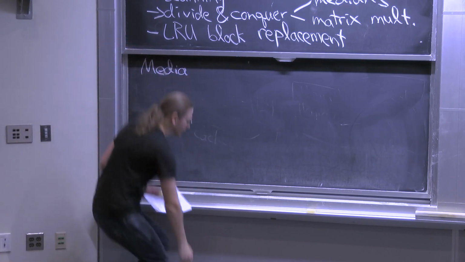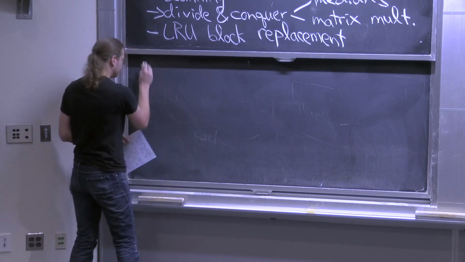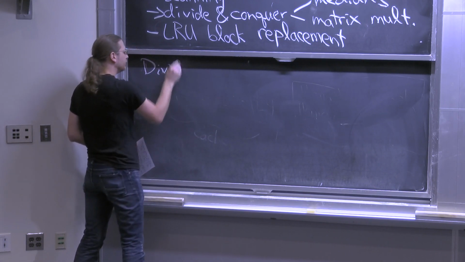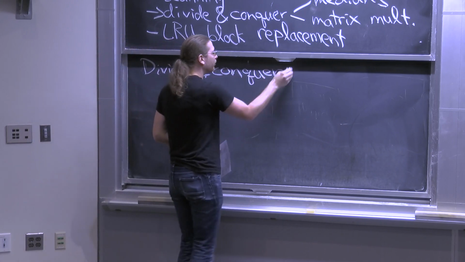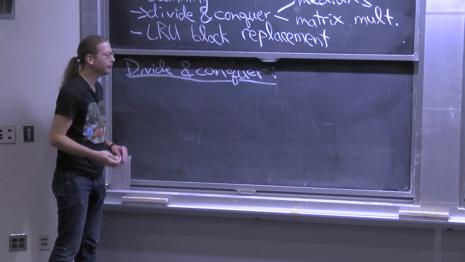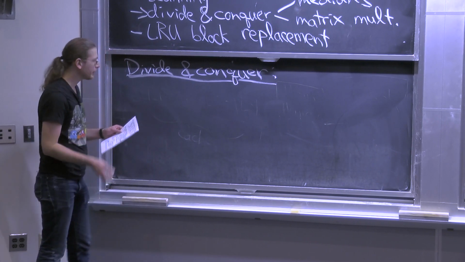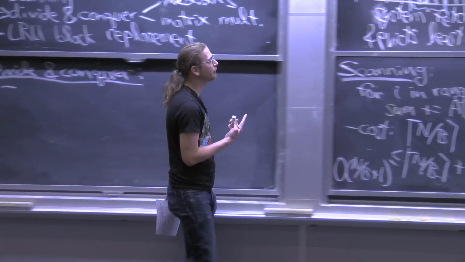Or actually, sorry. Let me first talk about divide and conquer in general. OK, you know what divide and conquer is. You take your problem, you split it into non-overlapping subproblems, recursively solve them, combine them. But what I want to stress here is what it's going to look like in a cache-oblivious context.